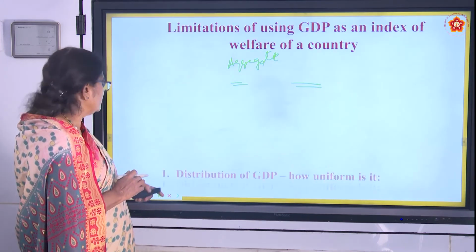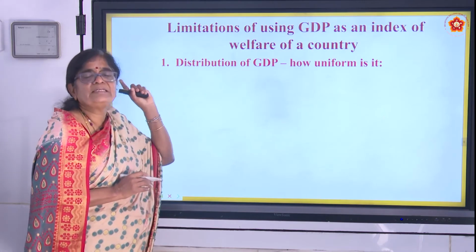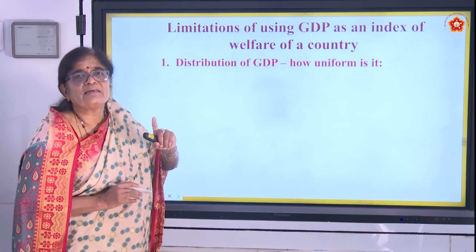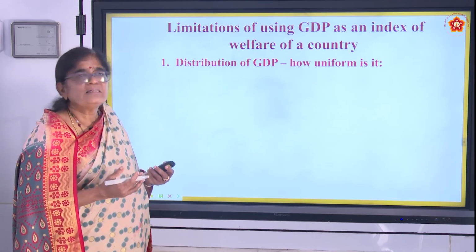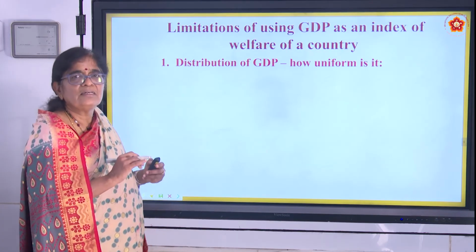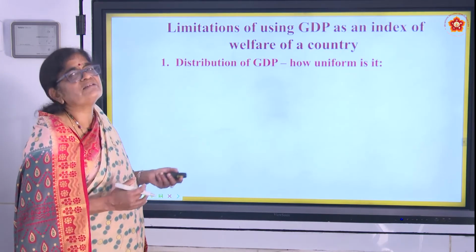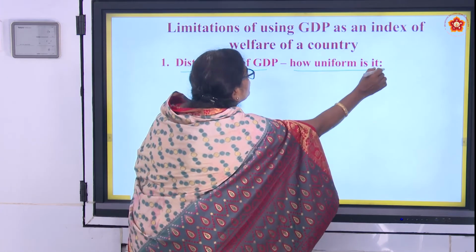And therefore, what is the limitation of using GDP as an index of welfare of a country? We can't rely on GDP alone to assess the welfare or development of a country, because GDP alone is not a good measure to represent the welfare of a country. Why? Because of the distribution of GDP, how uniform it is.